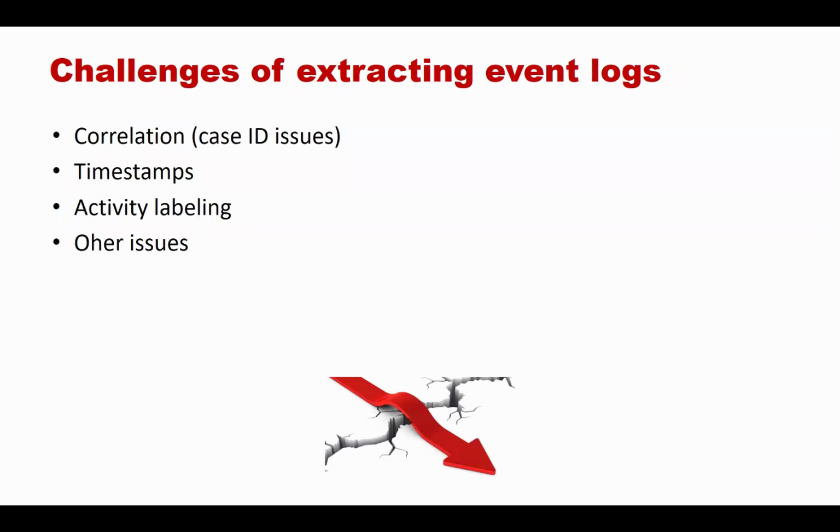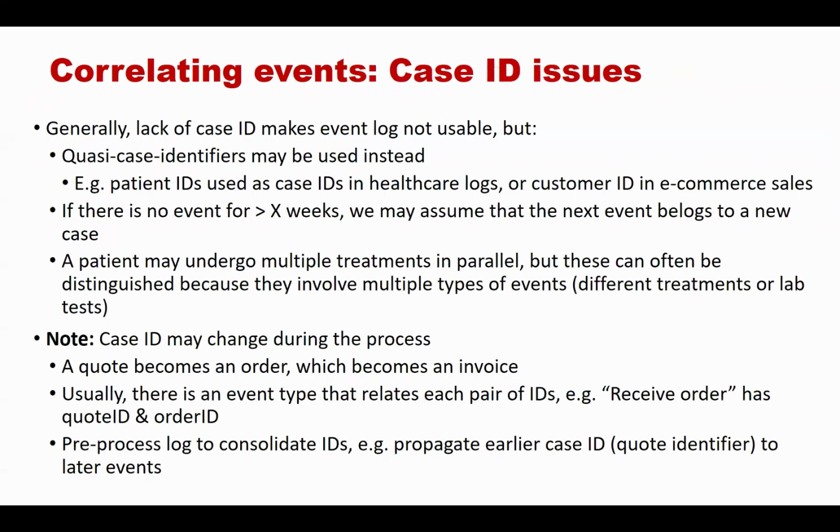Let me examine first the case ID issues that you might encounter in real life. There are some very nasty cases where you have an event log where there is actually no identifier of the process, no case identifier. For example, in a hospital information system, it's very often the case that you want to analyze the treatment of a patient.